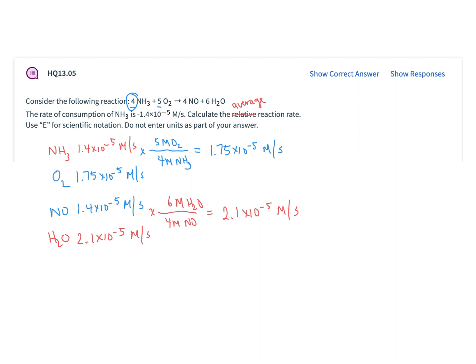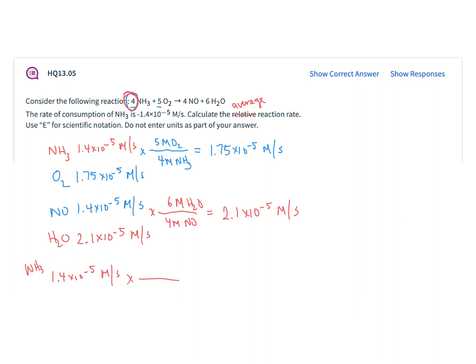So to find the average rate, all we need to do is take the relative rate for one species in the reaction and divide by its coefficient. For example, I have ammonia. I know ammonia reacts at 1.4 times 10 to the minus 5 molar per second, and the coefficient in front of ammonia is 4.